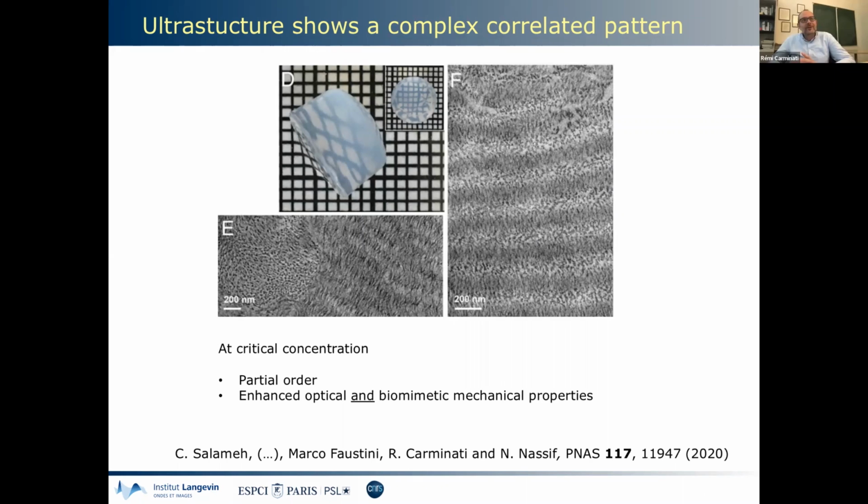I've used critical because it's a critical concentration, that's where everything happens. If you go towards lower or larger concentration, you lose transparency, you lose mechanical properties, you lose everything. Now, whether it's really a phase transition that we could characterize, I don't know. I'm sorry, I don't want to speculate too much because this is beyond what we did.